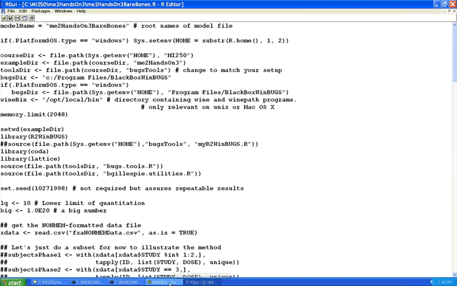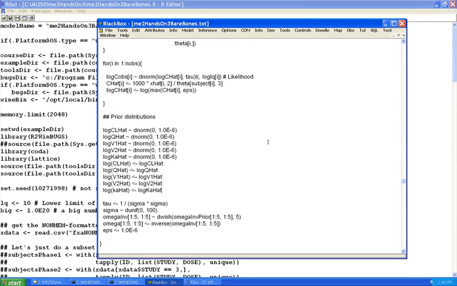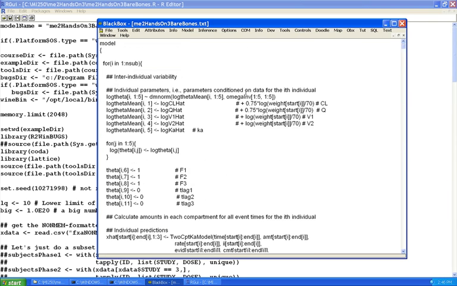Let's go back to our BUGS code here, and actually I've already got that in here if I get rid of the comments. Okay, so this is the approach I'm using here.